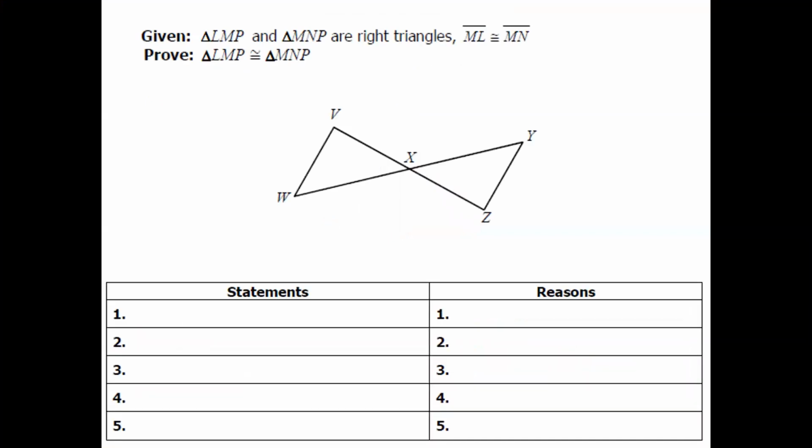For this next question, we're given two right triangles. We're given that ML is congruent to MN. Those are going to be our first two lines.